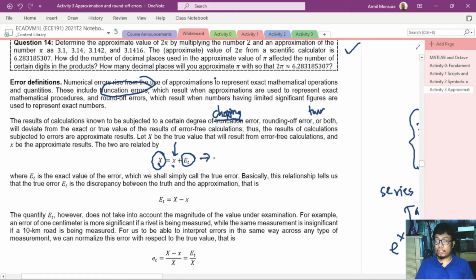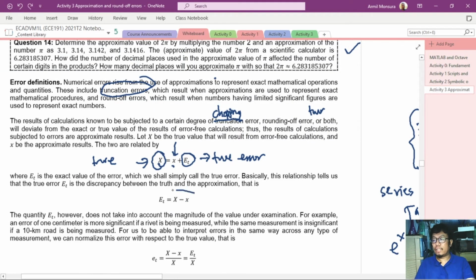This Et is now the true error. Remember that this X is the true value, that is why the error that we will be obtaining is the true error. It is the exact value of the deviation of the approximate value from the true value. So this is your true error.